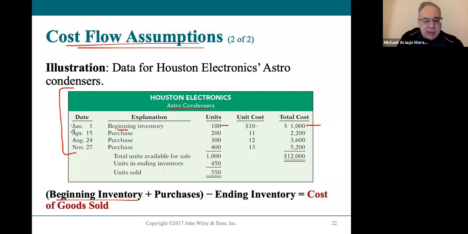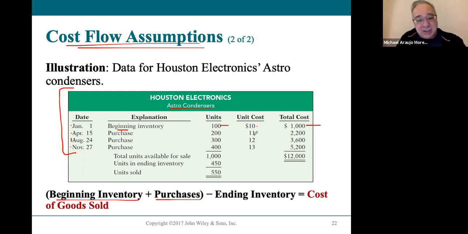The next thing you'll see is that in April, in August, and in November, they went out and purchased a whole bunch of astro condensers, a little at a time. In April, they purchased 200 astro condensers, but the cost to that business went up from 10 to 11.